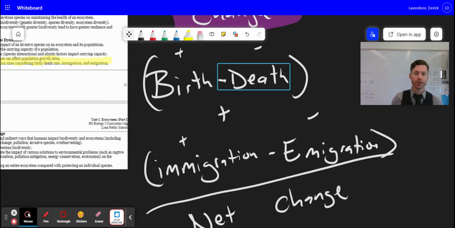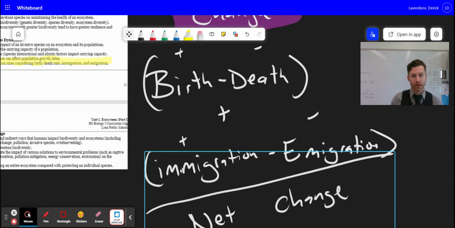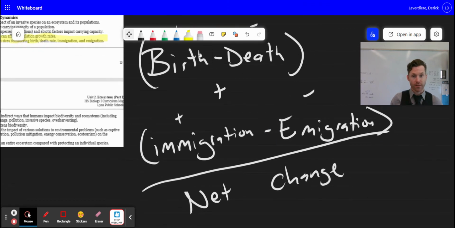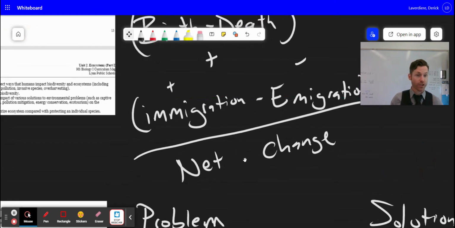Yeah? And so if you take these two, which are obviously related, right? Birth is the positive, death is the negative. Okay? You find the difference between them. Okay, so you take birth and you subtract deaths. That gives you a value. Okay? And you sum it with immigration minus emigration. Okay? So you take this value and you plus it with this value. That will give you the net change. Then this can be positive or negative. Right?